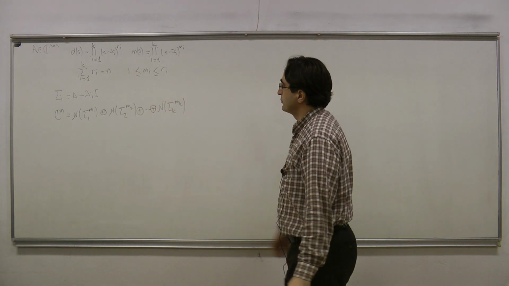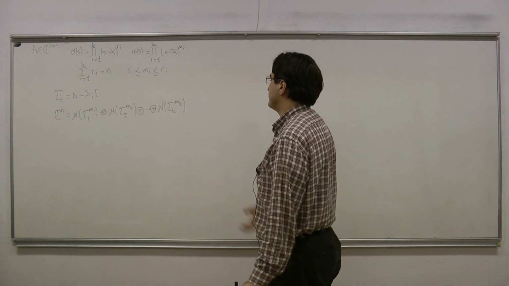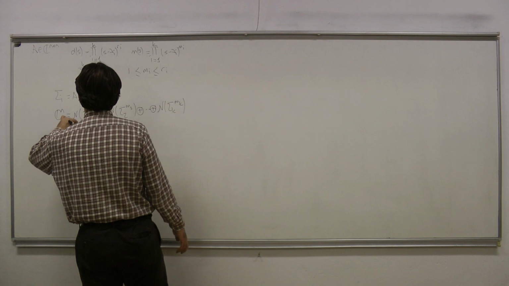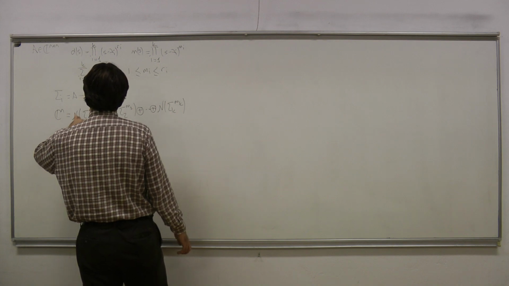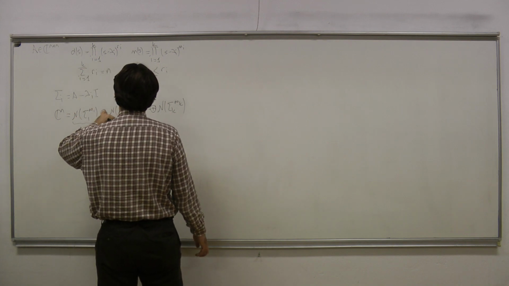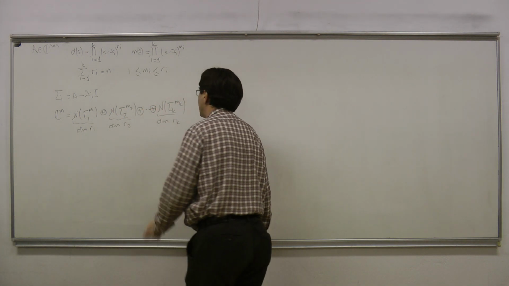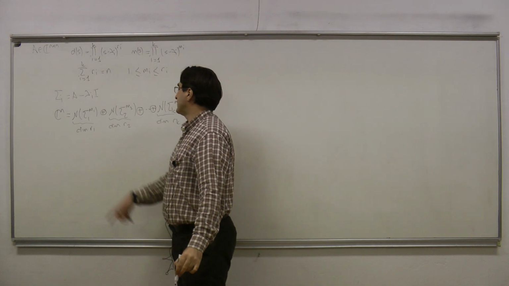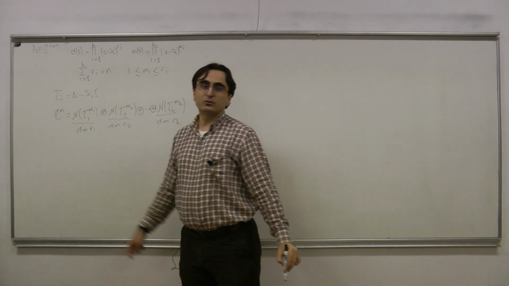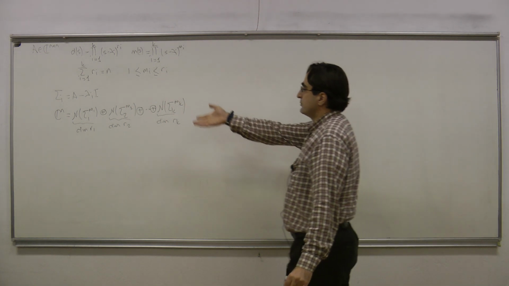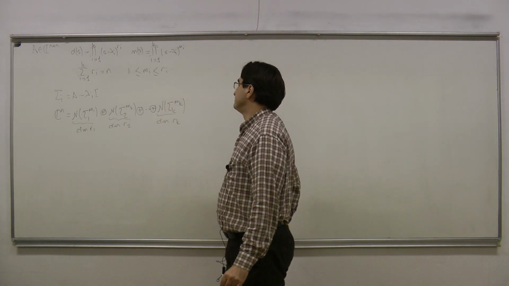Furthermore, the dimension of the first null space is r1, the second is r2, and the last is rk, so that when I sum these dimensions, I obtain the dimension of the overall space, which is C^n. This is the property of a direct sum decomposition.